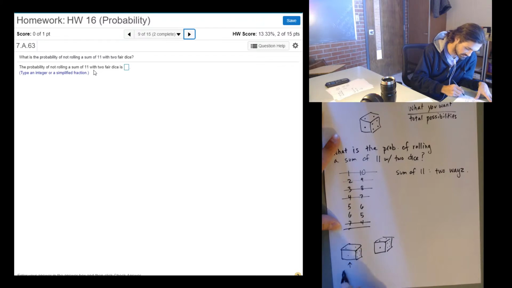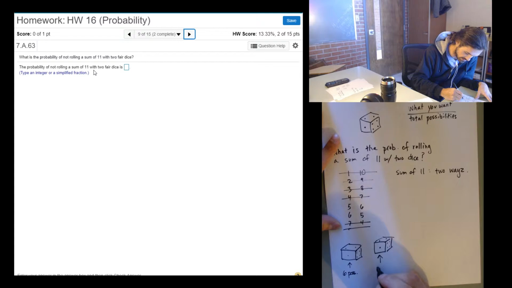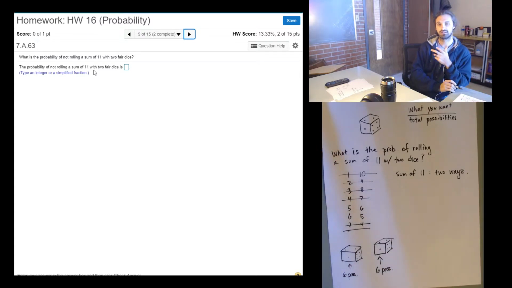So this gives you 6 possibilities. Similarly, this other die also has 6 possibilities. So you're rolling two fair die. Each die has a total of 6 possibilities. So how many total possible outcomes are there when you roll these two fair die? Well, this die has 6 possible outcomes. The second die has 6 possible outcomes.